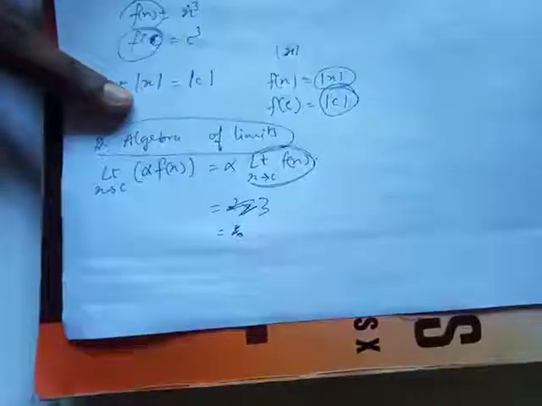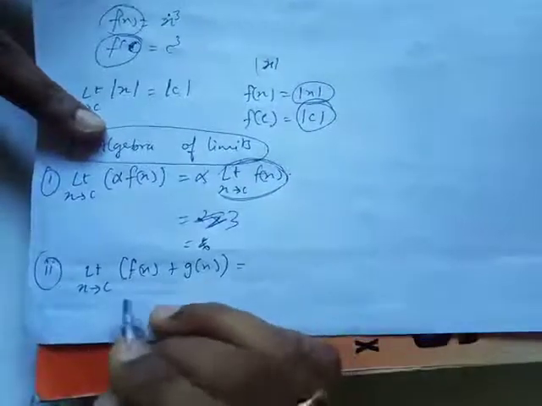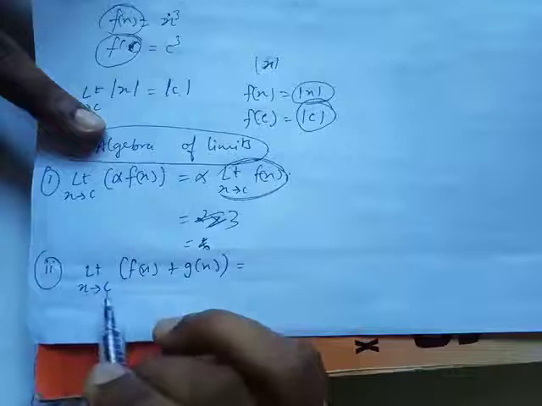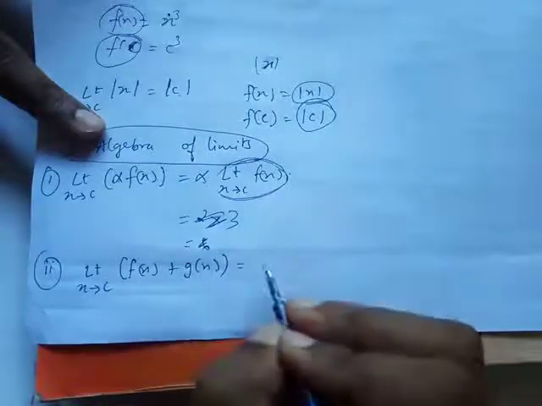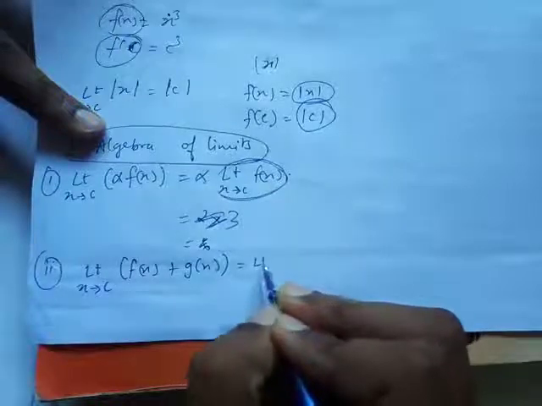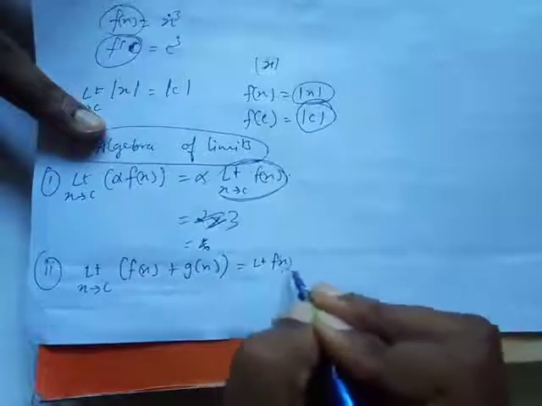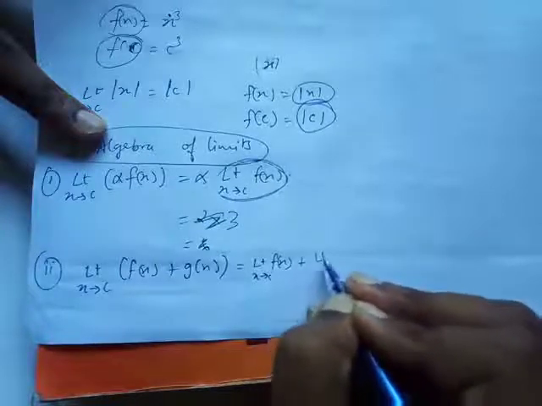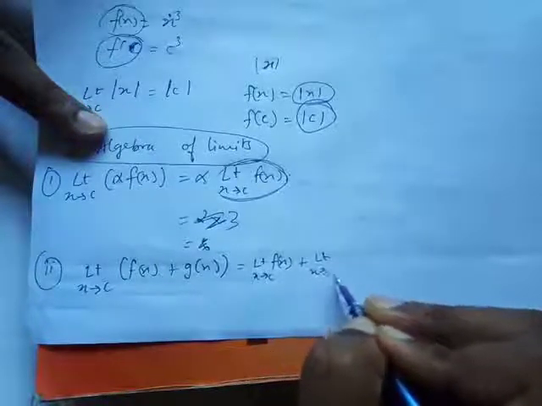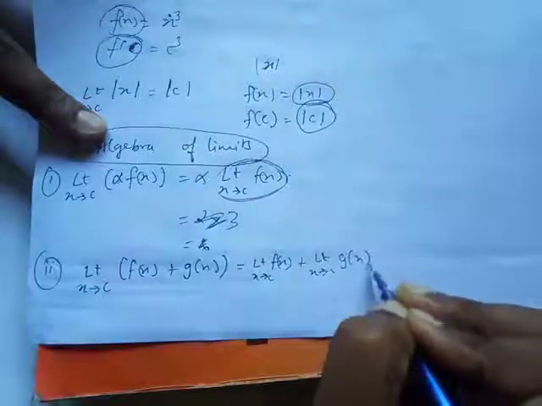When I have this kind of limit in algebra, that is limit x tends to c of f(x) plus g(x), then it is always split: limit x tends to c of f(x) plus limit x tends to c of g(x).